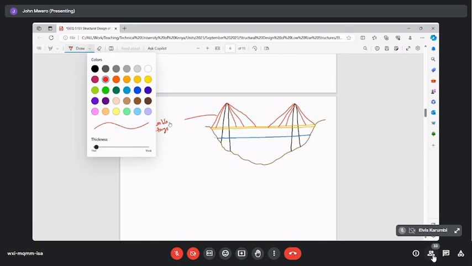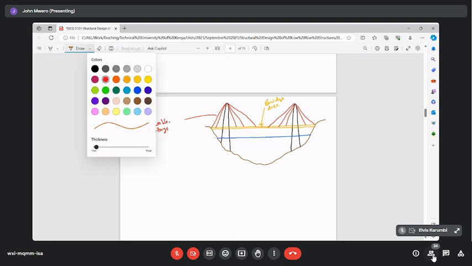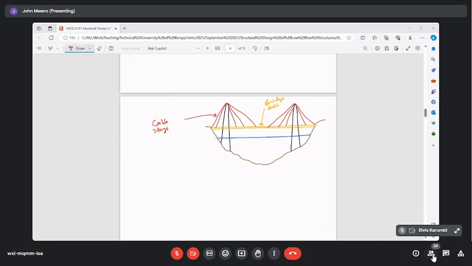We've got your bridge deck, and you've got your towers.